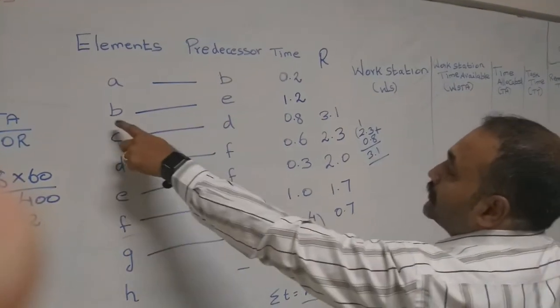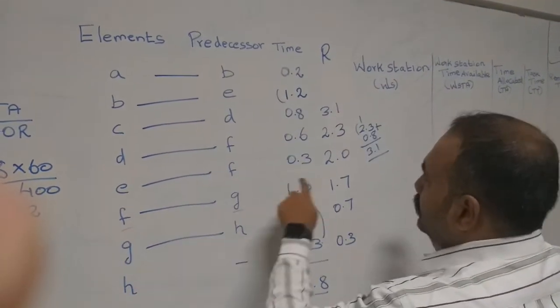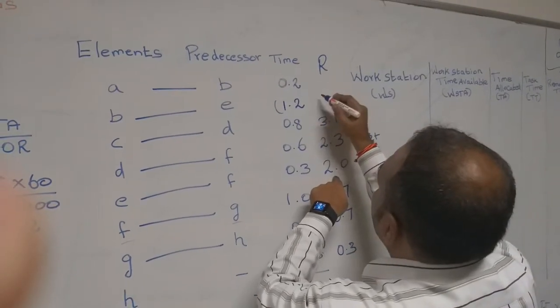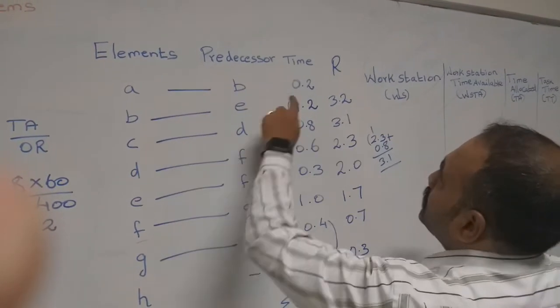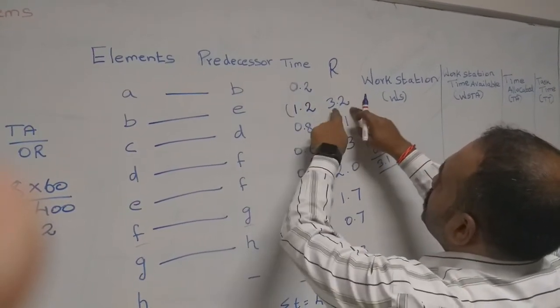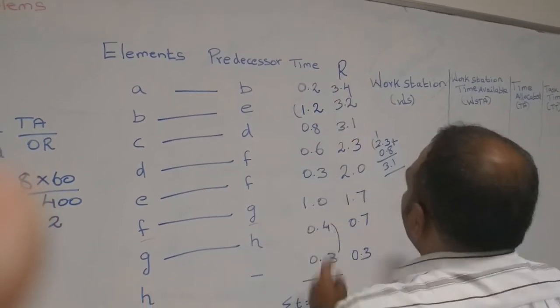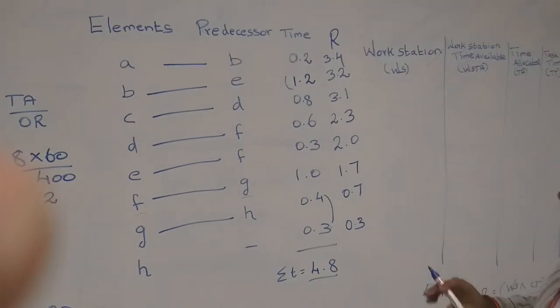Then B goes to E. The B value is 1.2 and the E value is 2.0, so 2.0 plus 1.2 is equal to 3.2. Then A goes to B. The A value is 0.2 and the B value is 3.2, so the value will be 3.4.